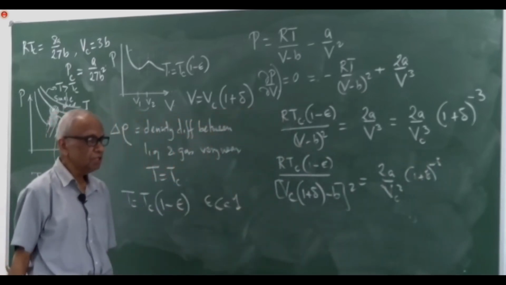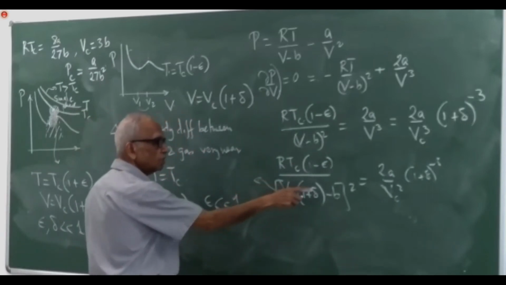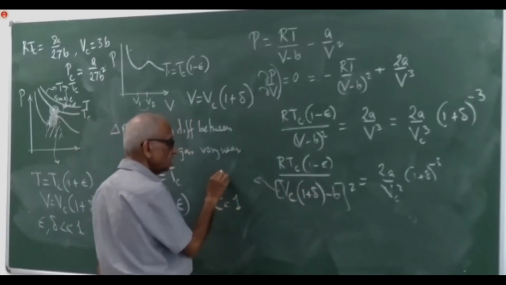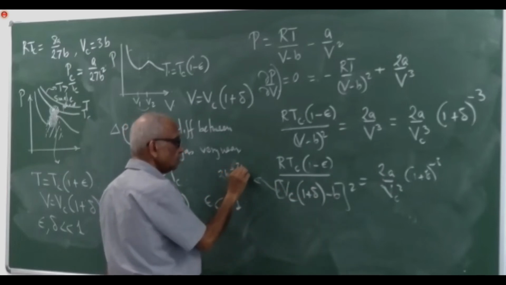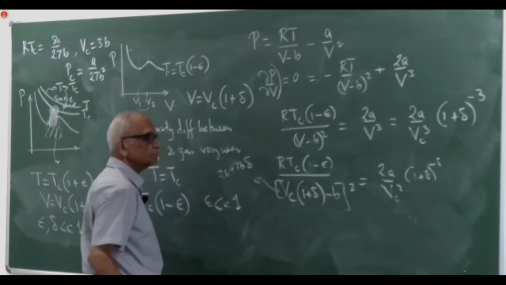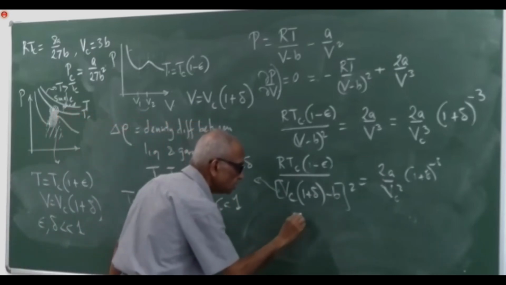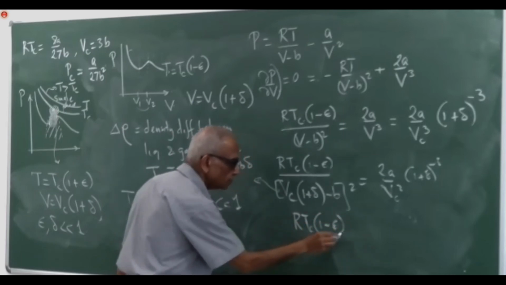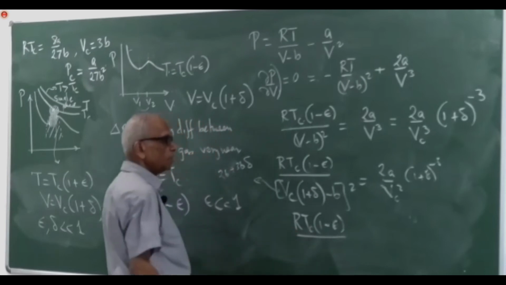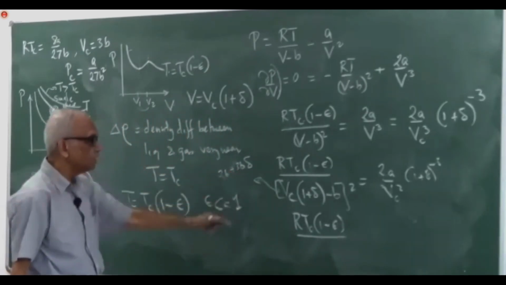Vc is 3B. So this over here is 3B minus B, which is 2B, plus 3B times delta. So this side becomes RTc into 1 minus epsilon divided by 2B plus 3B delta.